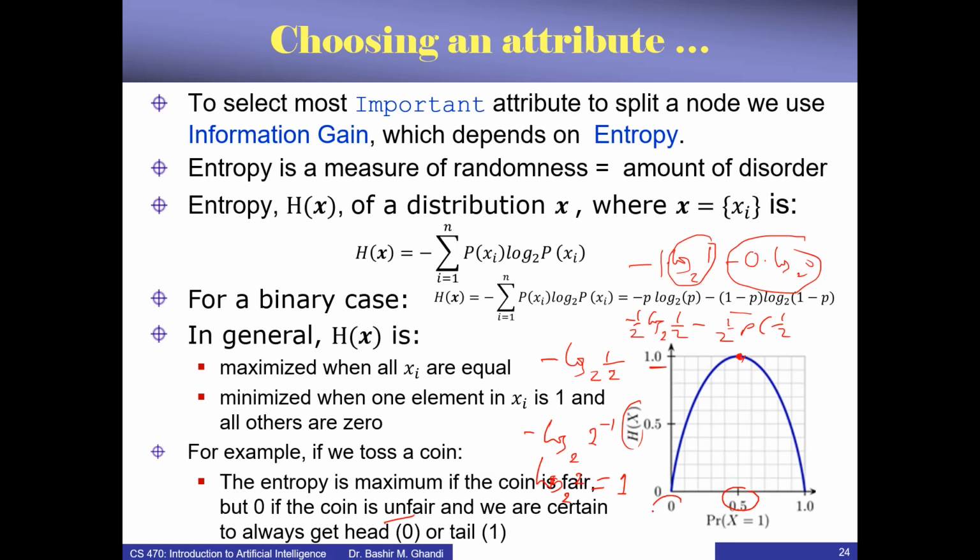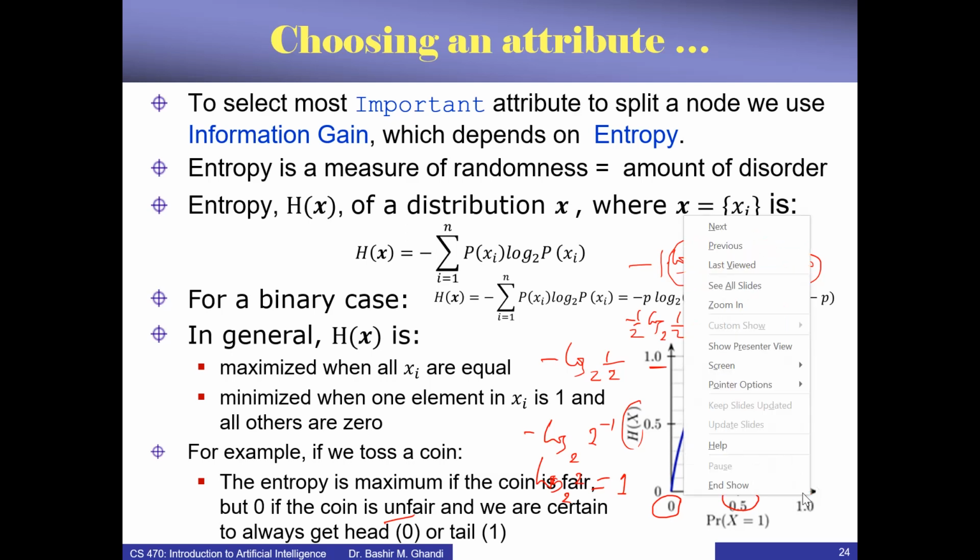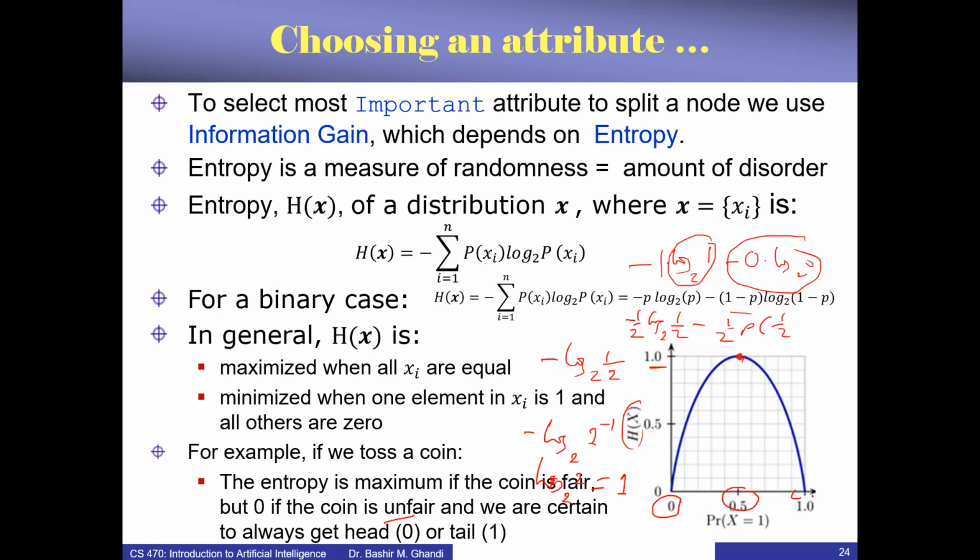If you are certain that you're going to get head, the entropy is 0. Similarly, if you are certain you're going to get tail all the time, again the probability is 1 and the entropy is 0. So this is basically the idea of entropy. It gives you the degree of randomness, and it is maximum if all outcomes are equally likely.